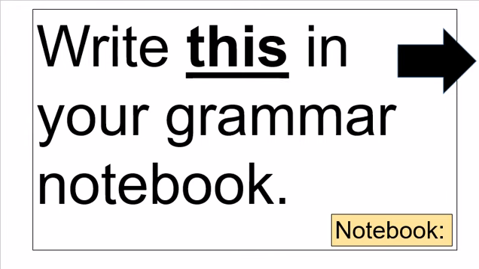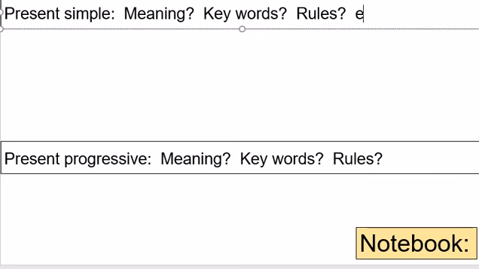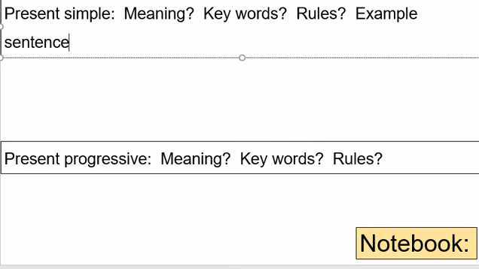We did this last week, so if you missed it, here is the present simple. On your paper, you can write present simple, meaning, keywords, rules, and I'm missing something. Example sentence, okay? That should be in there, okay?